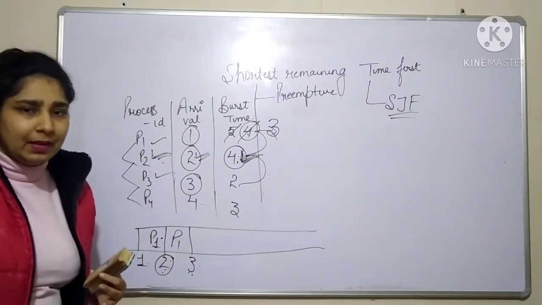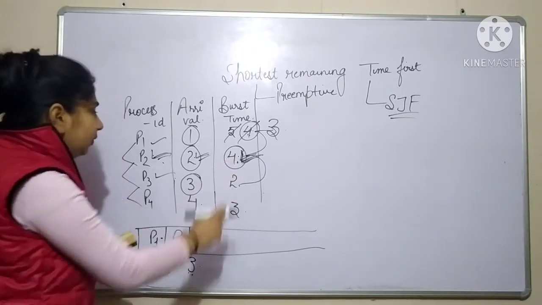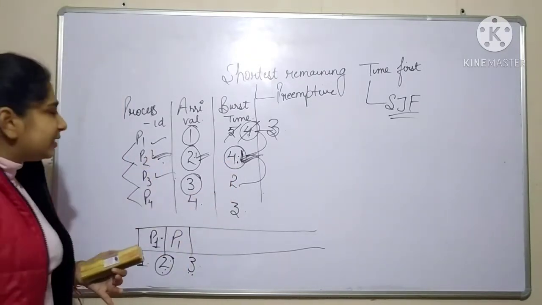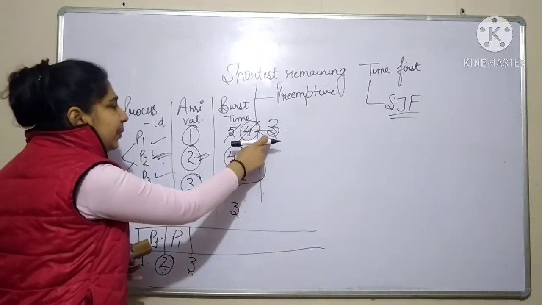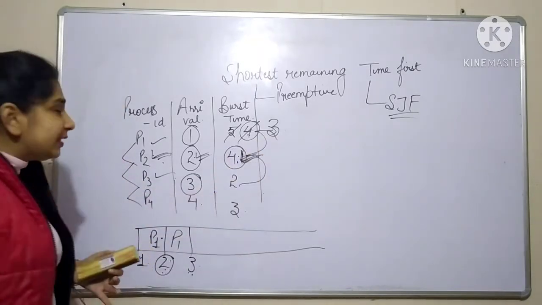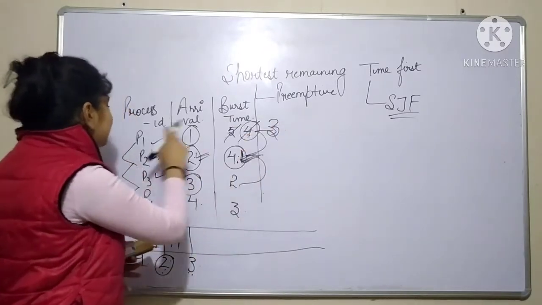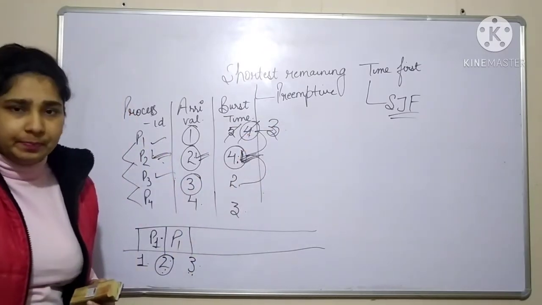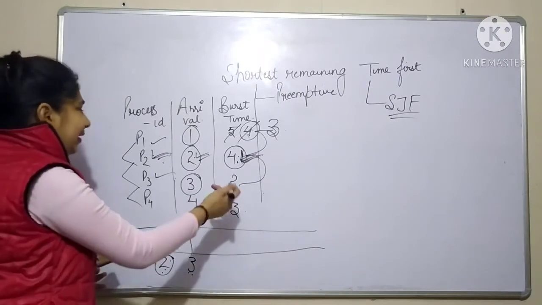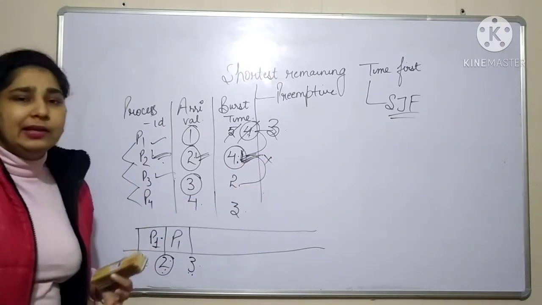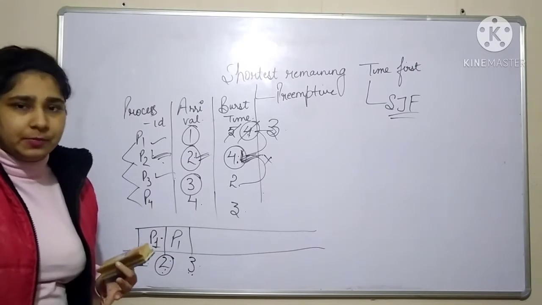Process P2's burst time is bigger than the burst time of process P1, so we will not execute P2 because we need shortest job first.